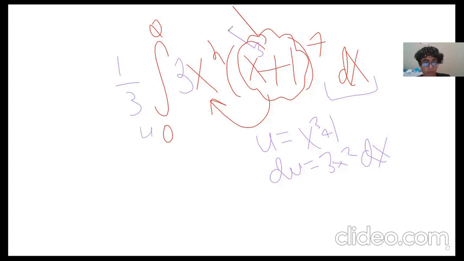And don't forget to change the bounds if you want to. And that sounds bad, right? Because you always have to change the bounds. What I do oftentimes is I write this u of 2 and u of 0 here to remind me that this is like changing the bounds, but oftentimes I revert back to terms of x.